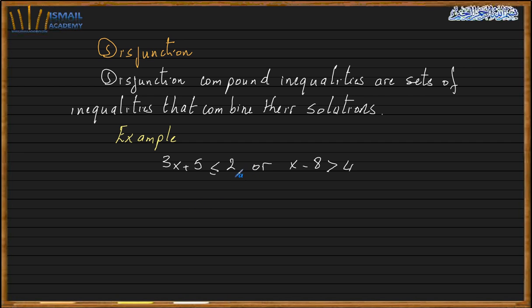The disjunction is named for that word, which is or. Alright, so how to solve this? We do the same thing as we did for the conjunction. We solve each inequality and we draw the solution of each inequality on one number line. So this is how we solve.